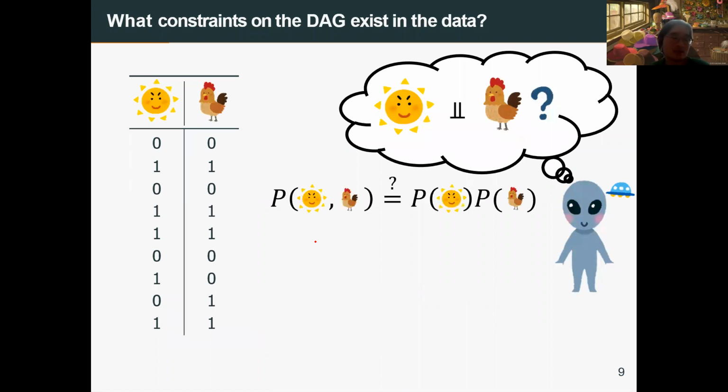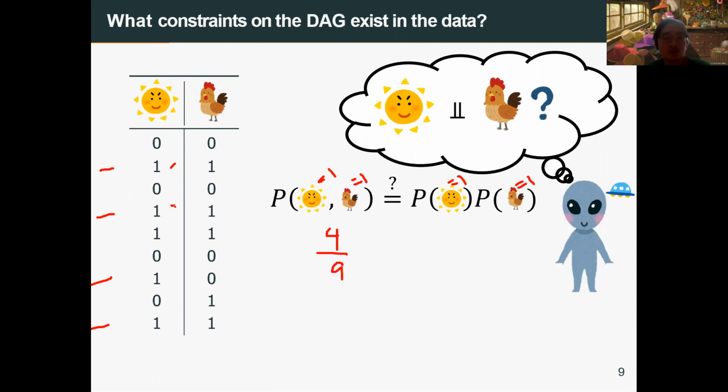So essentially what we want to be doing is just check by the definition of independence. We can easily check this right here, saying, okay, there are 4 entries out of 9 where both the sun and the rooster are equal to 1.